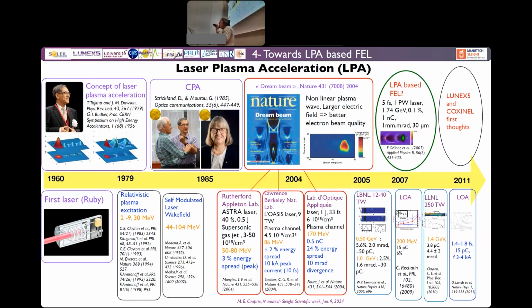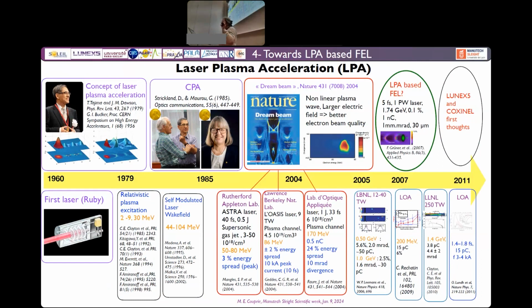At Berkeley, 2% energy spread on the peak at 86 MeV and a peak current of 10 kiloamps. And at Laboratoire d'Optique Appliquée in Palaiseau, 170 MeV and 24% energy spread, 0.5 nanocoulomb. So they call these beams monochromatic electron beams.